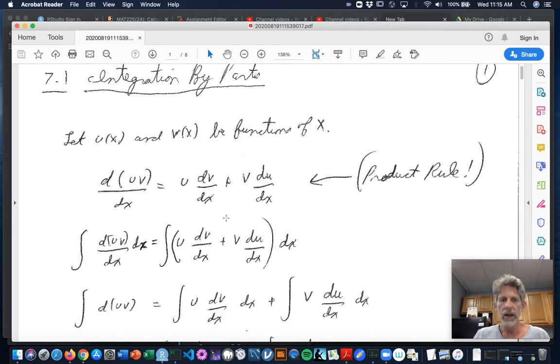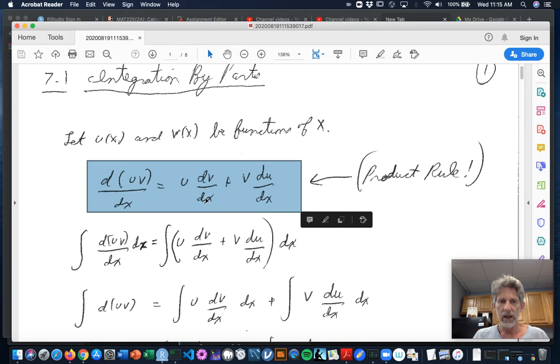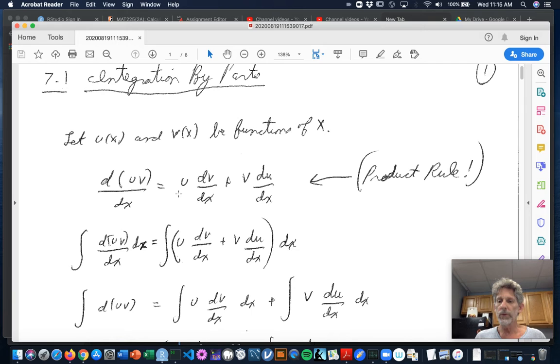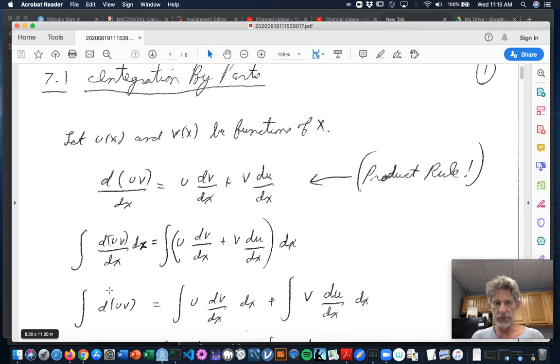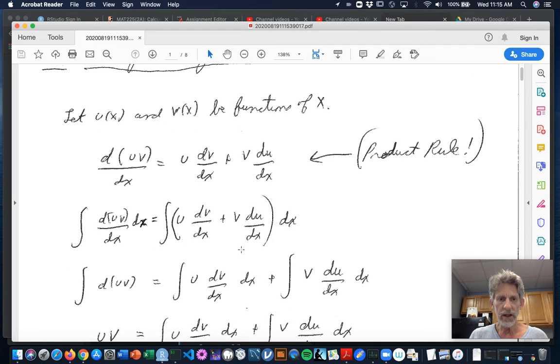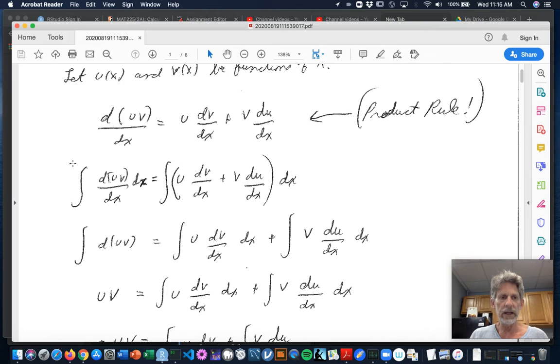Now what I'm going to do is take this equation and do the indefinite integral of both sides with respect to our variable x. So I've got the indefinite integral of the derivative of uv, and I've got the indefinite integral of u dv/dx plus v du/dx. Now, on the left, you can just imagine the dx as a little number that gets canceled by this number here, and then you would have a d(uv).